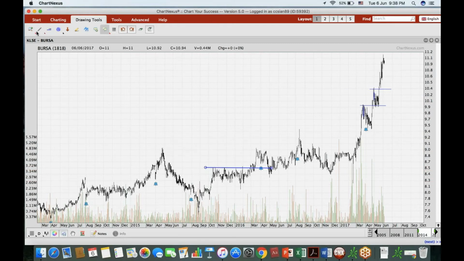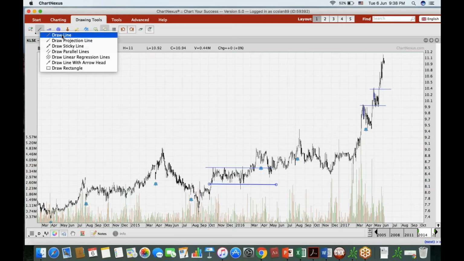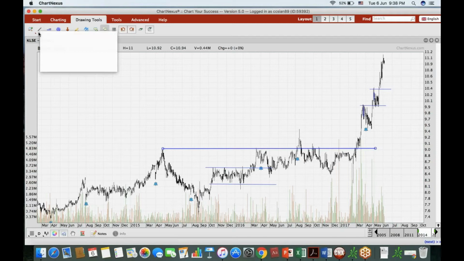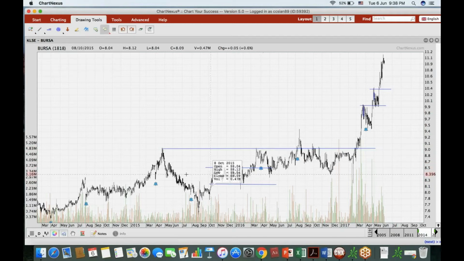And there's another resistance here. You see, it connects the previous high, and you can tell this is the high when people were trading, where this is the resistance level. Okay, this is another resistance level, and then this is a trend line.